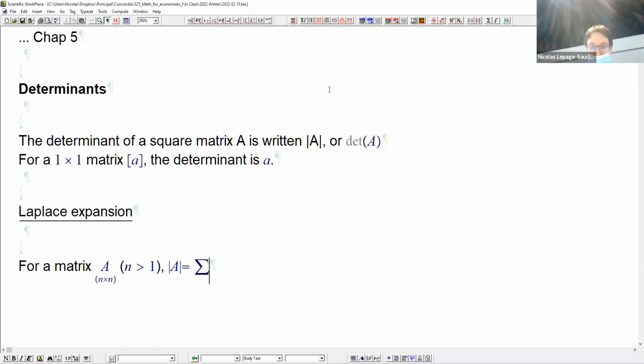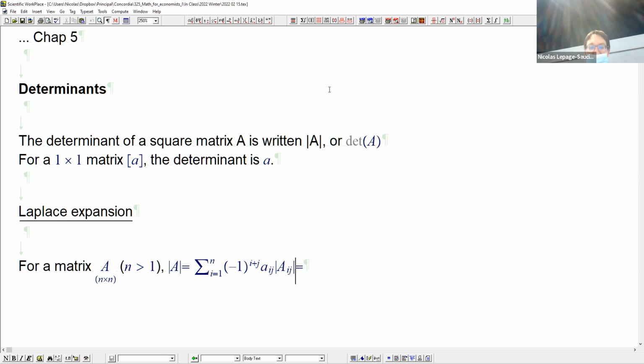It's the sum over j from 1 to n of (-1) to the i plus j, a_ij, times the cofactor of a_ij. That's how I write it.